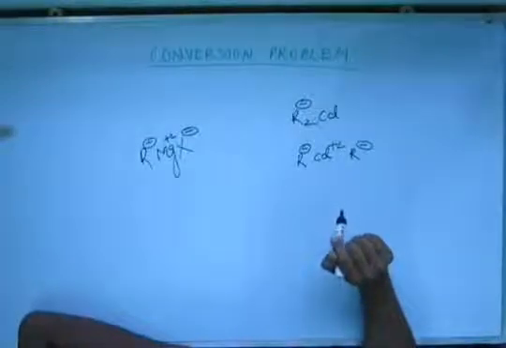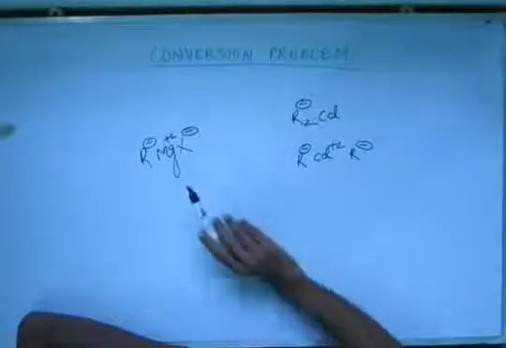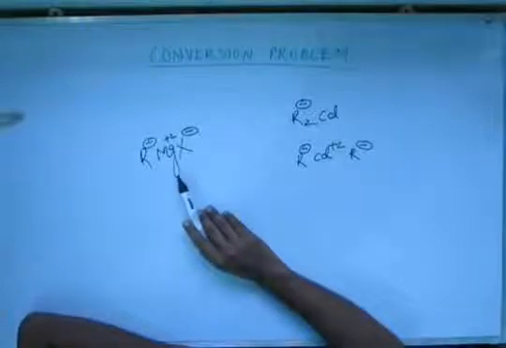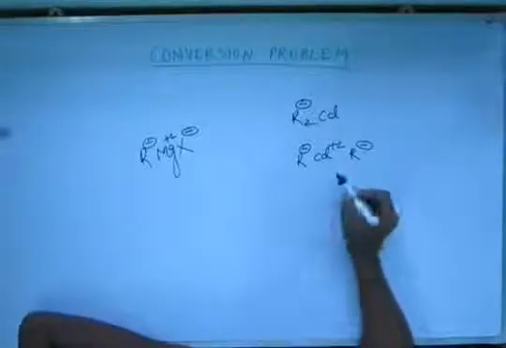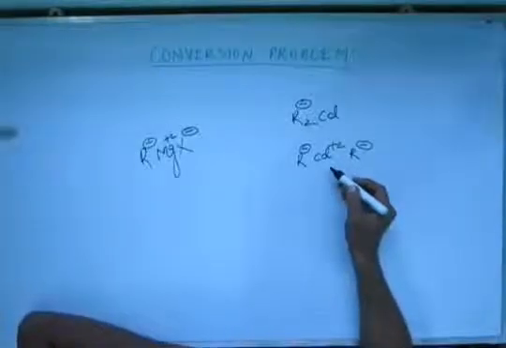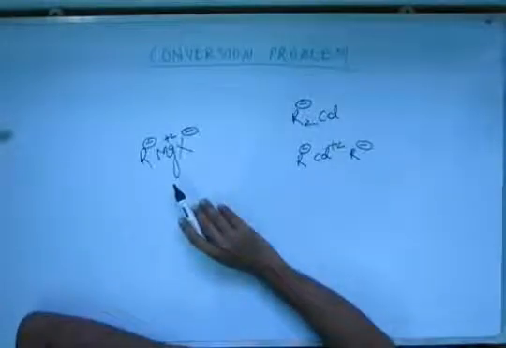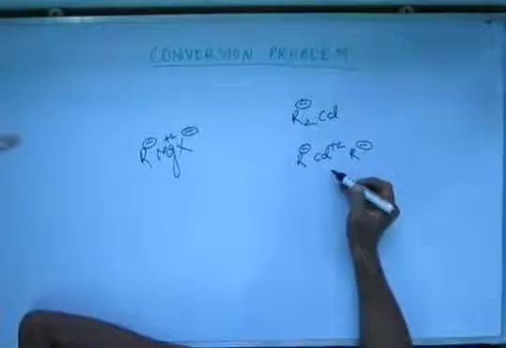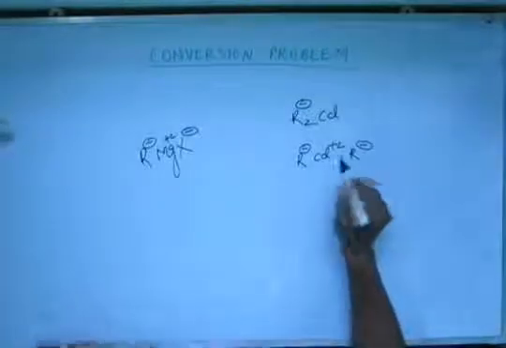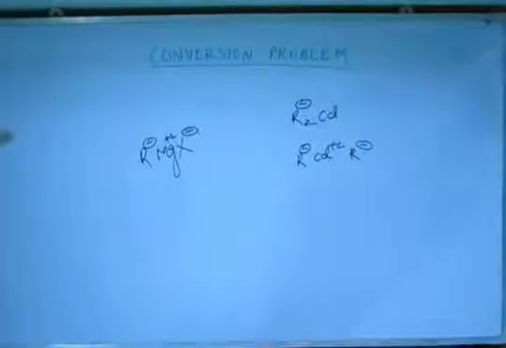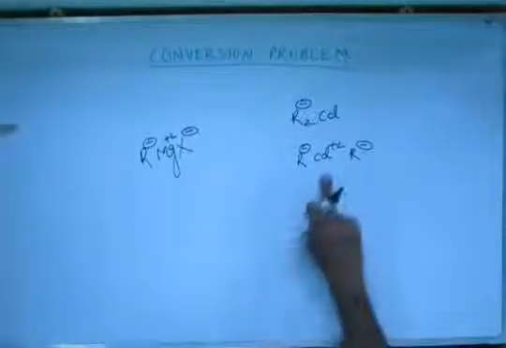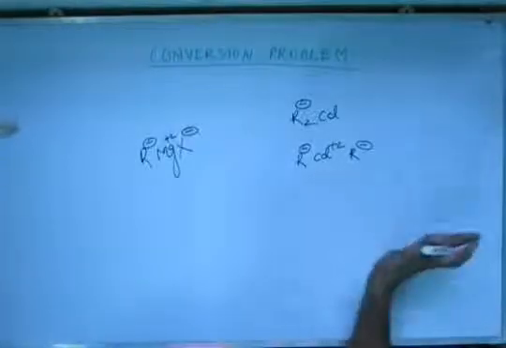Cadmium is a d block metal. Magnesium belongs to the third period, cadmium belongs to the fifth period. In magnesium we don't have d orbitals. In cadmium we do have d orbitals. In magnesium shielding effect is more. In cadmium shielding effect is less.